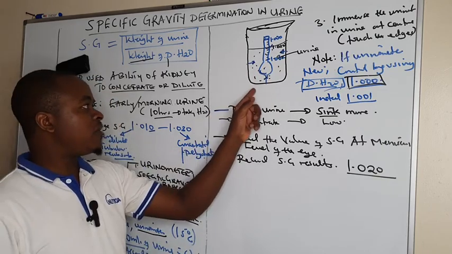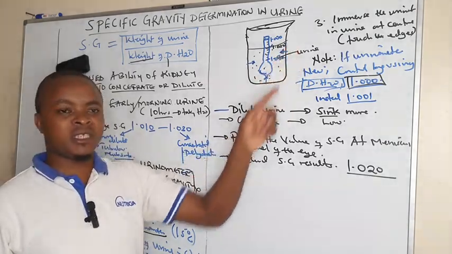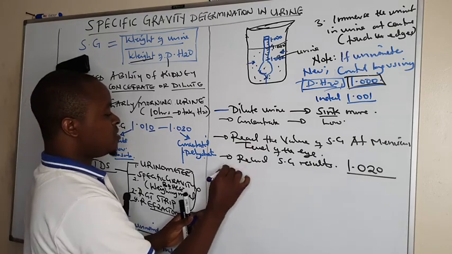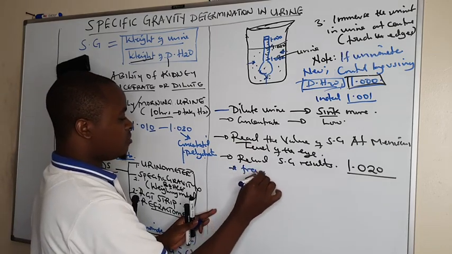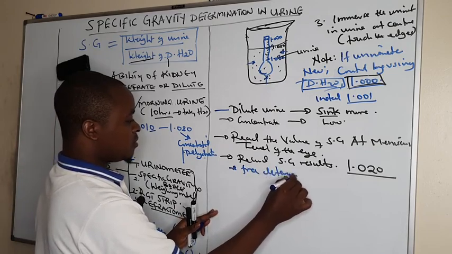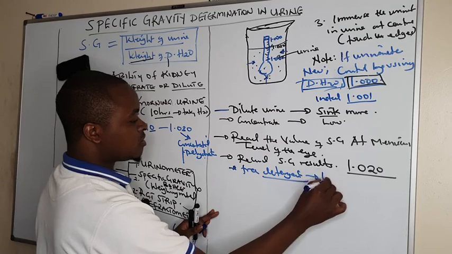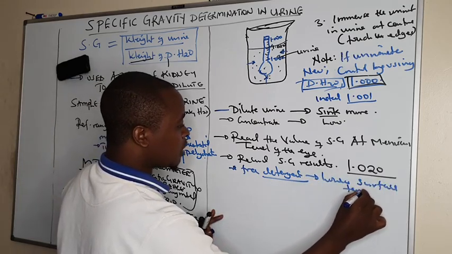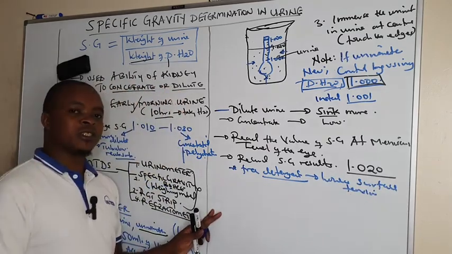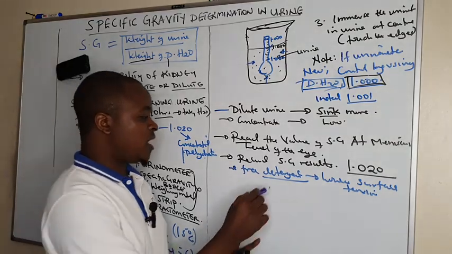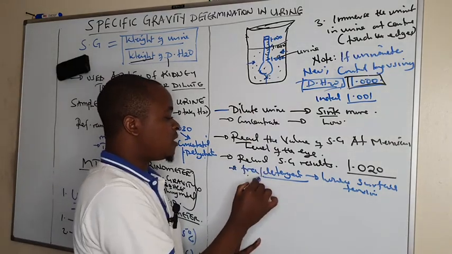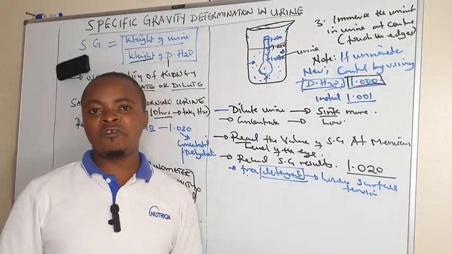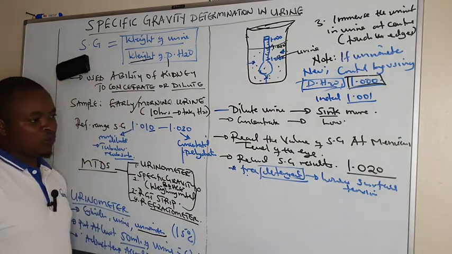The container we are using should be free from detergent, because detergent lowers surface tension and can give false high specific gravity results.